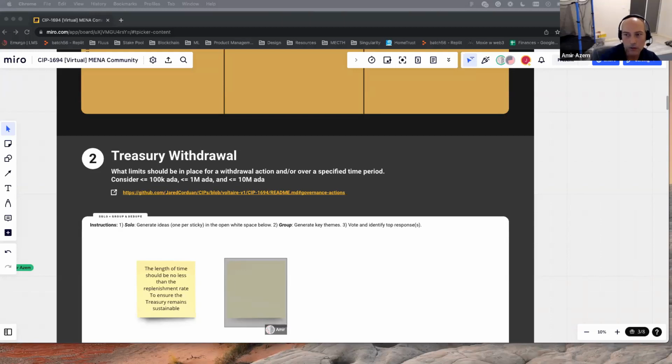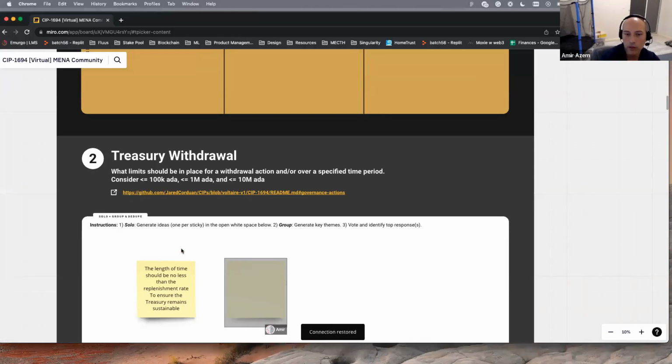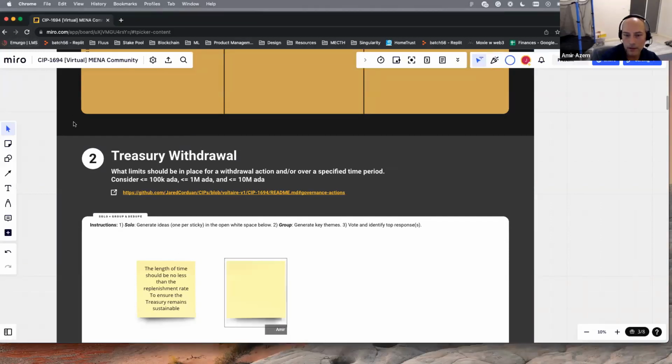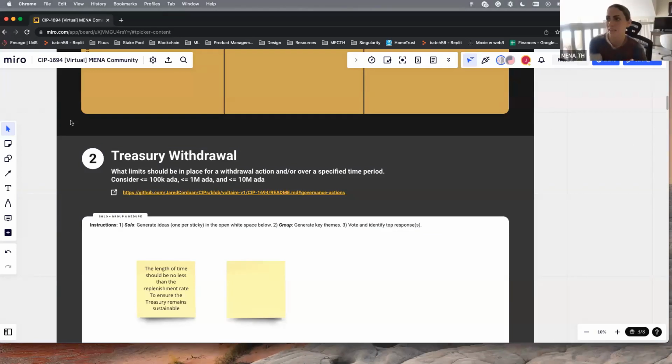Anything over 10 million should maybe be done once every year or once every 2 years. This way you limit the votes, and whoever is targeting 10 million or more needs to plan for it and expect that it takes over a year. Yeah, that makes sense. So smaller ones would be at a higher frequency than the larger ones.